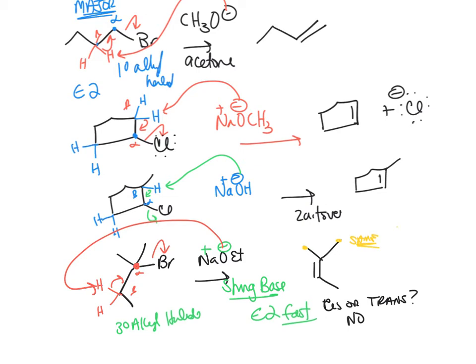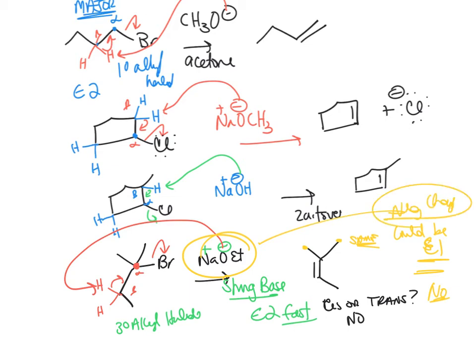Now, the other thing, could this be an E1? Some people thought E1. No. Okay, you're not going to have E1 conditions with a strong base. No, if you have a negative charge, please do not go E1. Okay, E1 forms a carbocation, and if you form a carbocation, you're going to have a polar protic solvent.